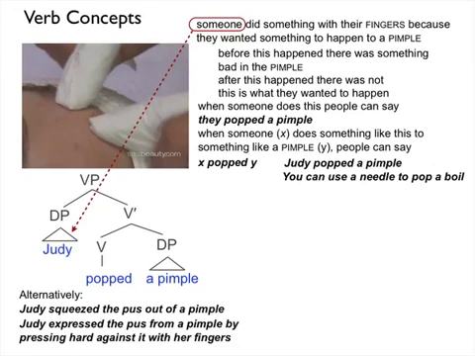But that's a regularity, right? If someone did something, then we're going to expect whoever that someone is, and we can put different people in that slot, right? We're going to expect an instantiation of that. And you can see that someone plays itself out throughout the whole concept, right? There's a bunch of things going on. Someone did something with their fingers, right?